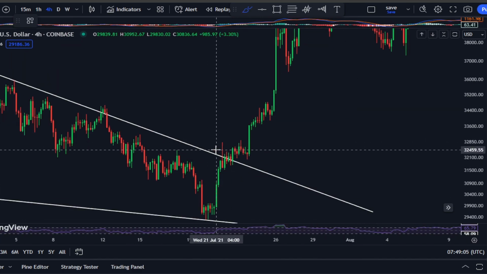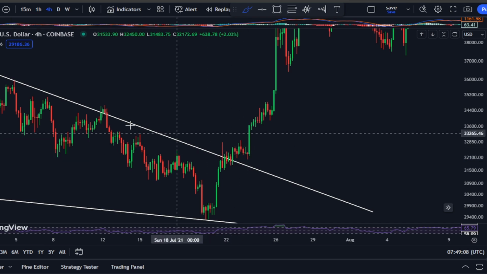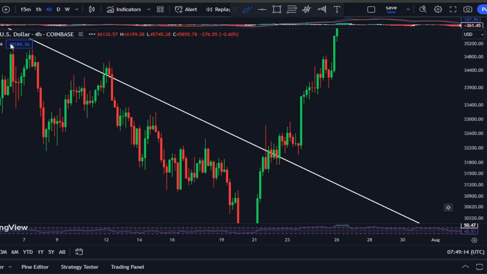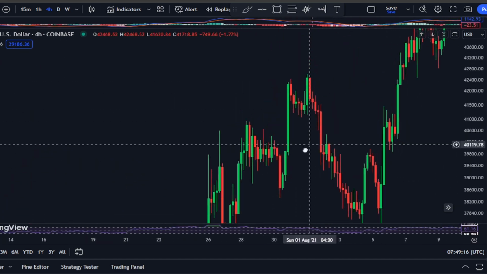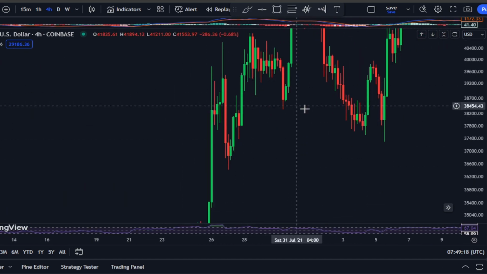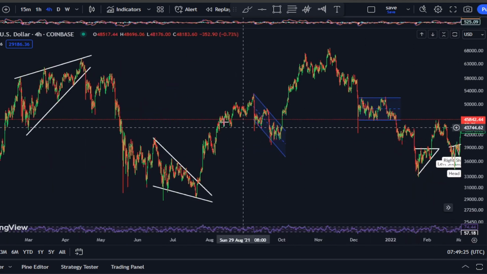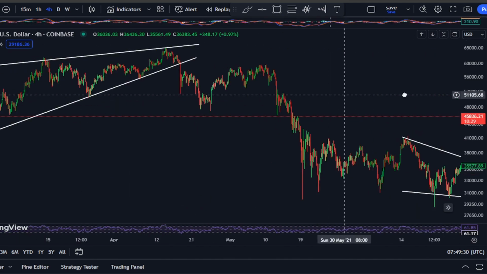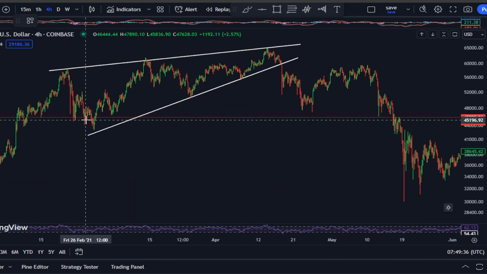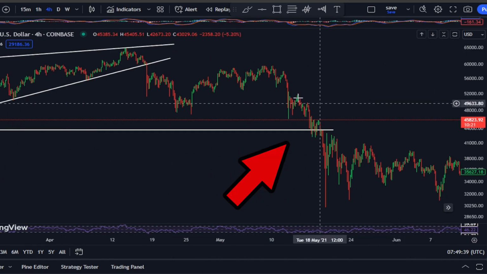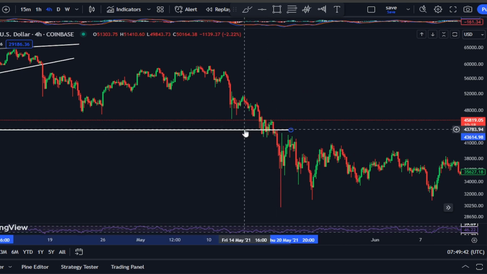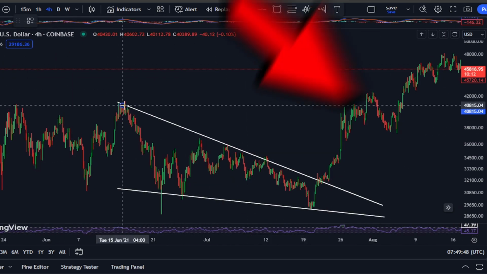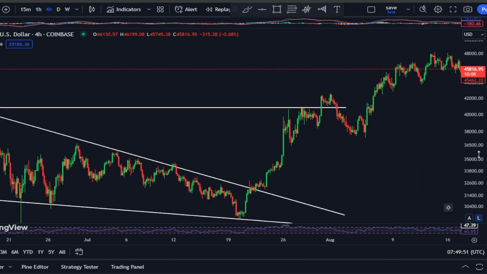We broke out of the falling wedge right here, and you could have entered into a long position here, and then ride this wave towards the upside and take profits on the way up. Ideally, you would like to take profits when the price has touched the base of the wedge. As an example, for this rising wedge, the profit target would be right here, so you would have taken profits somewhere over here and exited your positions. For this falling wedge, you would take profits over here. As you can see, we had a pullback right after that.